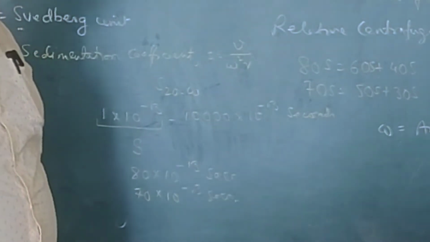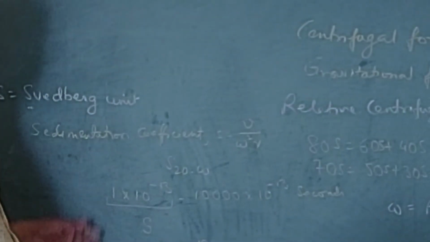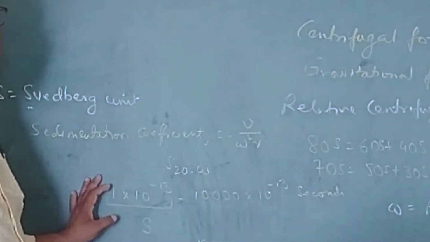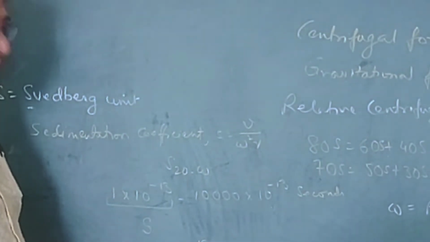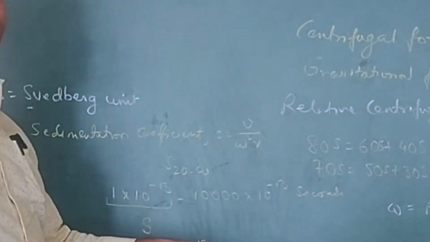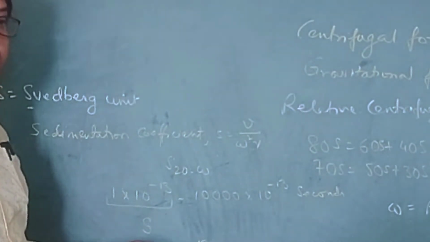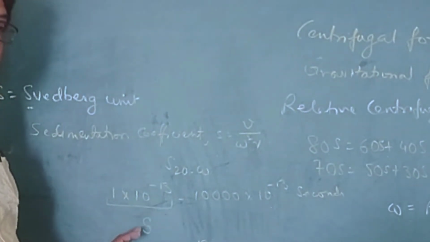Wherever the S unit is given, that is equivalent to this much. You just multiply that with 1 into 10 to the power minus 13 seconds, and that will give its original sedimentation coefficient.